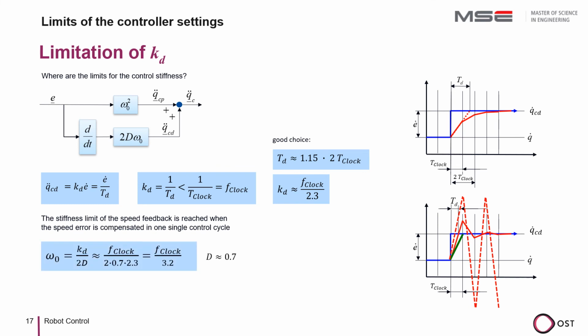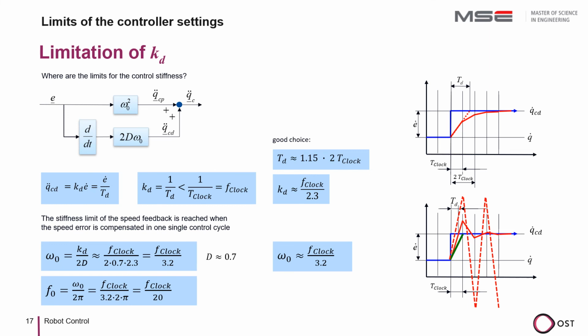We determine omega 0 by dividing Kd by 2 times D and get F clock divided by 3.2 for omega 0, under the assumption of D equal 0.7. If we calculate the frequency, we find that the controlled bandwidth F0 is 20 times smaller than the controller frequency F clock.